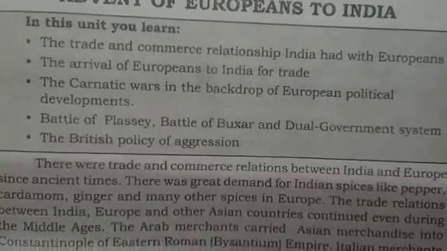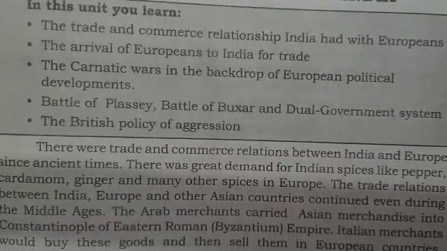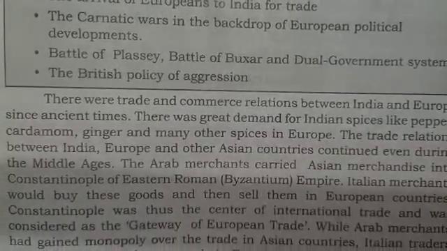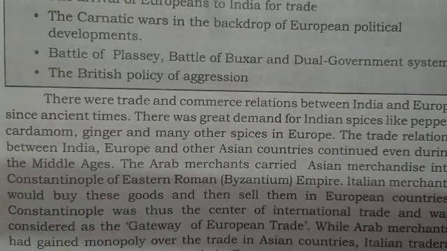The trade relations between India, Europe and other Asian countries continued during the Middle Ages. Arab merchants carried the ancient merchandise to Constantinople of the Eastern Roman Empire.